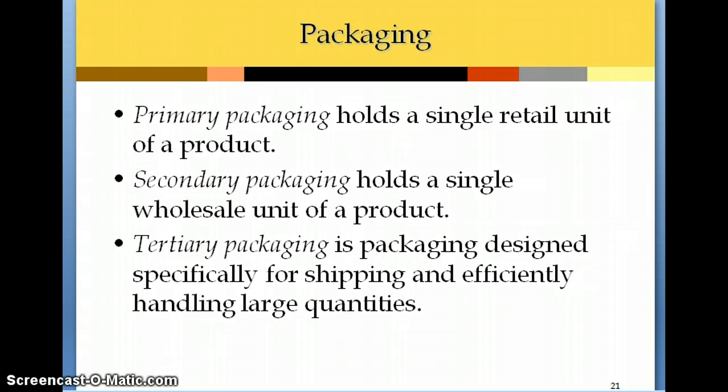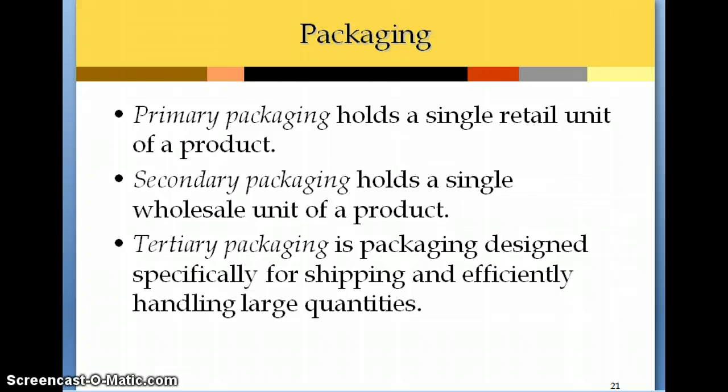We're going to look at several types of packaging: primary, secondary, and tertiary packaging. Primary packaging holds a single retail unit of the product and may be used to protect and promote products and get the attention of consumers, demonstrate the proper use of the offering, provide instructions on how to assemble the product or any other needed information, and display warnings and nutritional labels if required. Primary packaging can be bundled together.